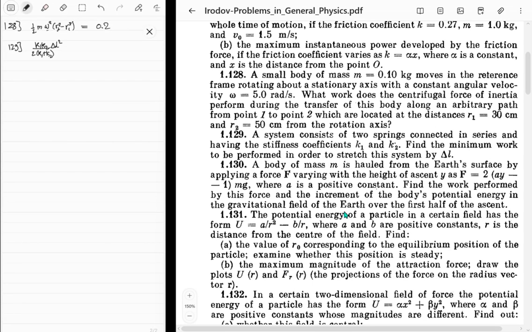And initially, when y is 0, this thing is negative, so it should technically not do anything. It just compresses further into the earth. I don't understand what is happening.